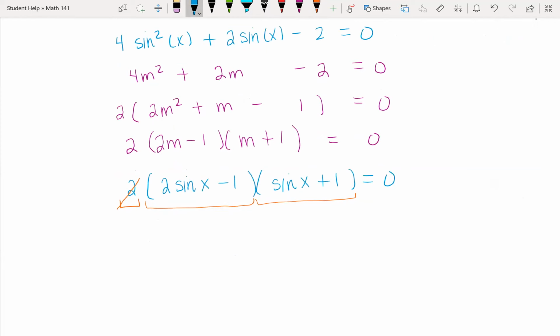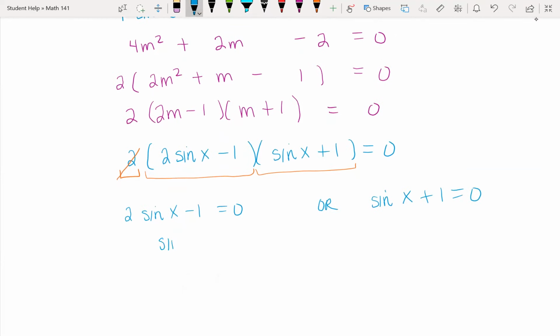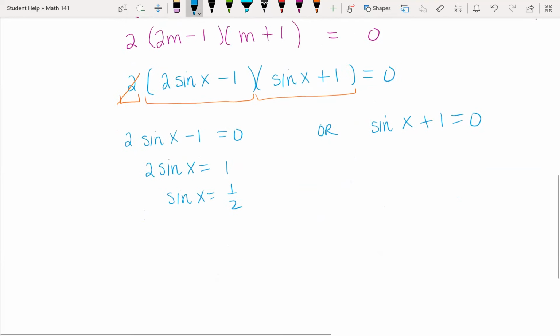So we'll just take the other 2 and say, well, we either have 2 sine of x minus 1 equals 0, or sine of x plus 1 equals 0. This gives us 2 sine of x equals 1, or sine of x equals 1/2. Sine of x is 1/2 when x is pi over 6 or 5 pi over 6. On the other equation, sine of x is equal to negative 1, and that happens when x is at 3 pi over 2.